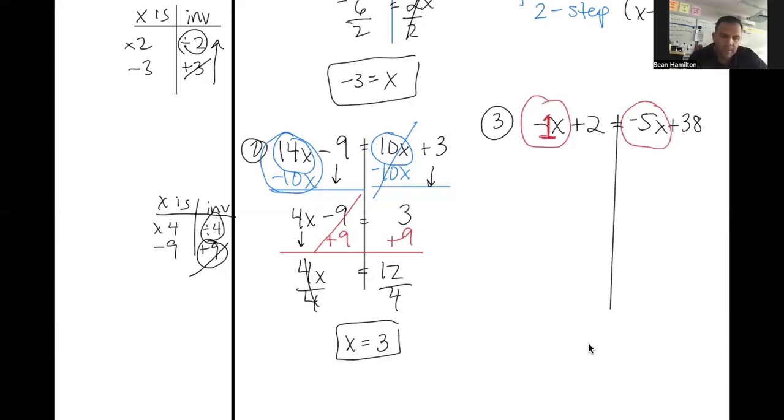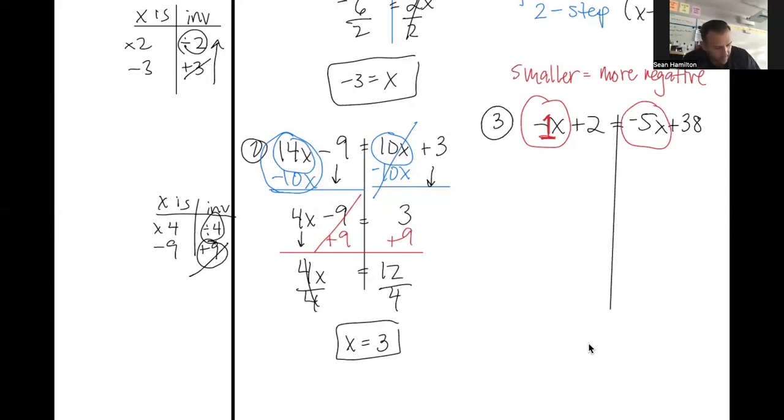Now, we say which one's smaller? Smaller equals the one that is more negative. So if I look here, the one that's more negative is a negative 5x.